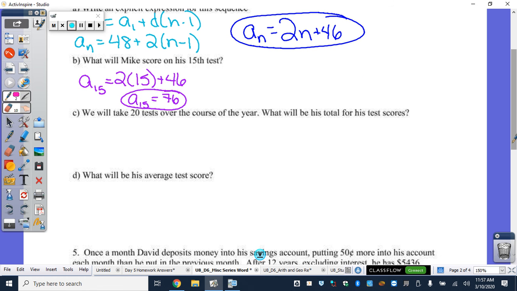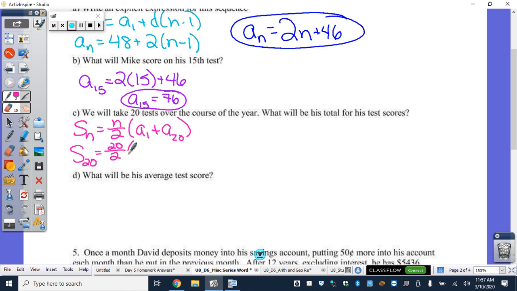So it says we'll take 20 tests over the course of the year. What will be his total for his test scores? So which formula are we using now? The series one. So our n is a 20.